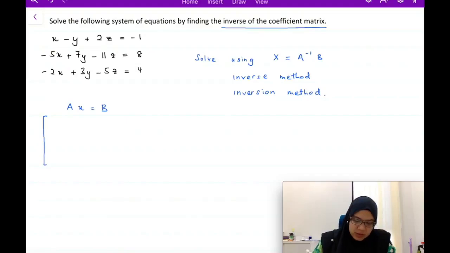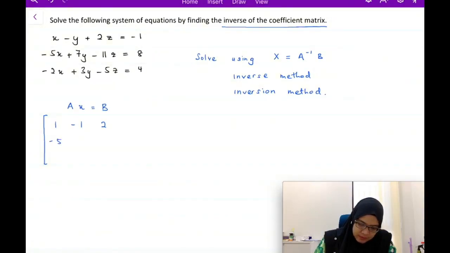In this case, we write the coefficients of x, y, and z: 1, negative 1, 2, negative 5, 7, negative 11, negative 2, 3, negative 5.